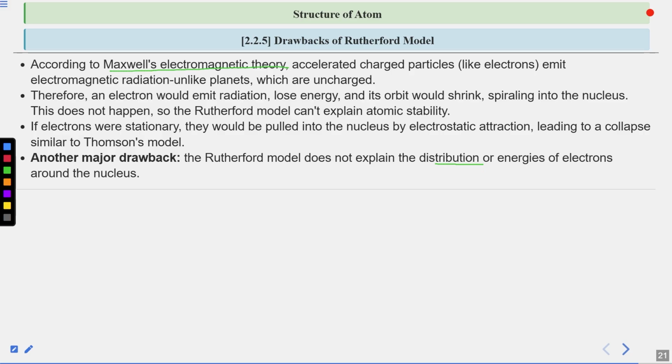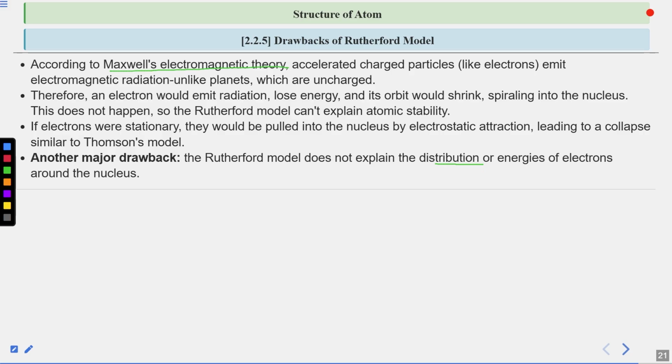Now, if I take the second case, suppose that our electron is not moving, it is there at its position. Then again, the proton will be attracted towards the electron, and the electron will be attracted towards the proton. Finally, they will stick together, and that would again result in the collapse of the atom.